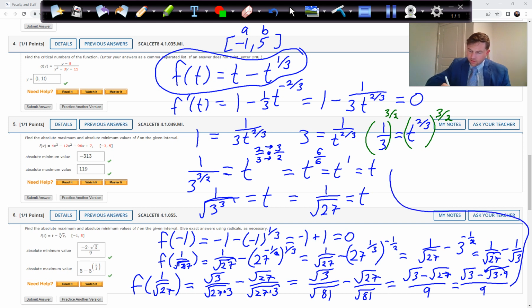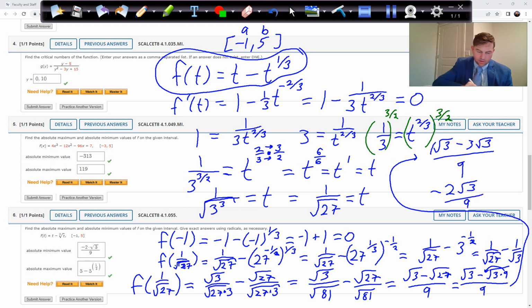Jeez. It's all just algebra though. So it's going to be 3 root 3 over 9. 1 root 3 take away 3 root 3s is negative 2 root 3s all over 9. So calculus is not the hard part of this problem. It's just fractional powers, negative fractional powers, and coming up with the simplified answer.